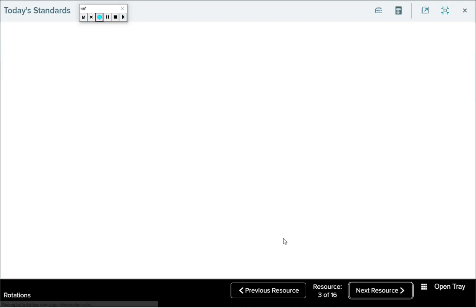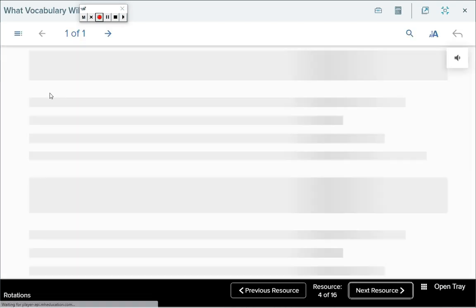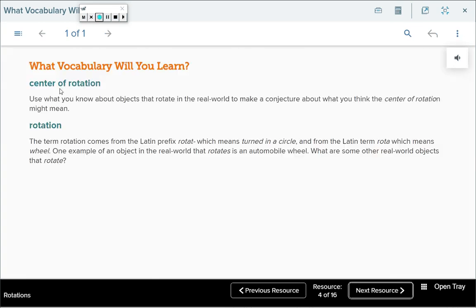All right, some vocab that we're going to learn about. Write these down, please: center of rotation and rotation. Let's look at what that means.